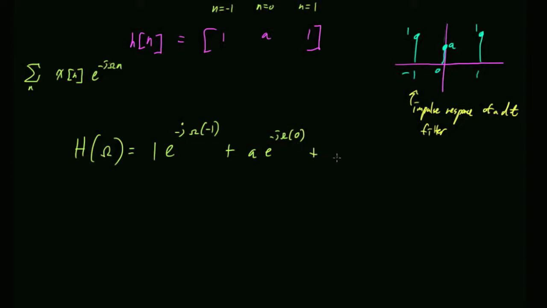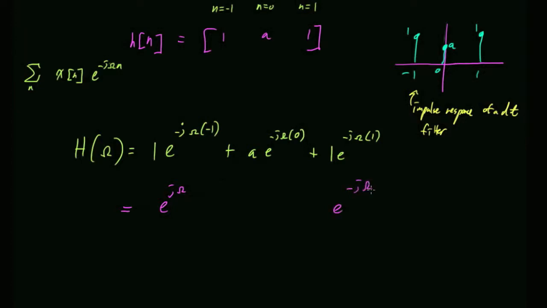Plus h of 1, so 1 e to the minus j omega 1. Okay, we good? Now, let me reorganize a little bit. This is e to the j omega. This is e to the minus j omega.